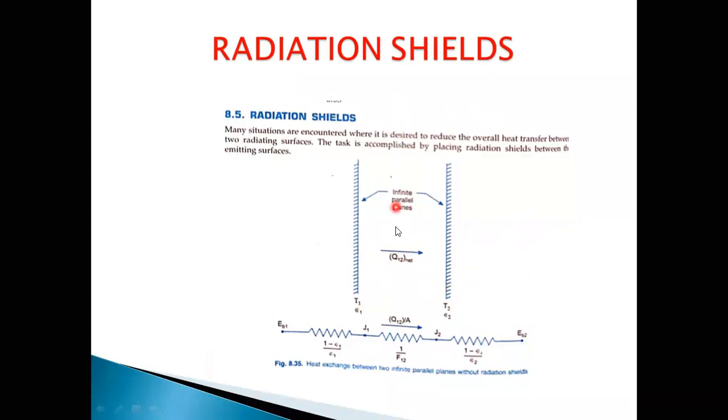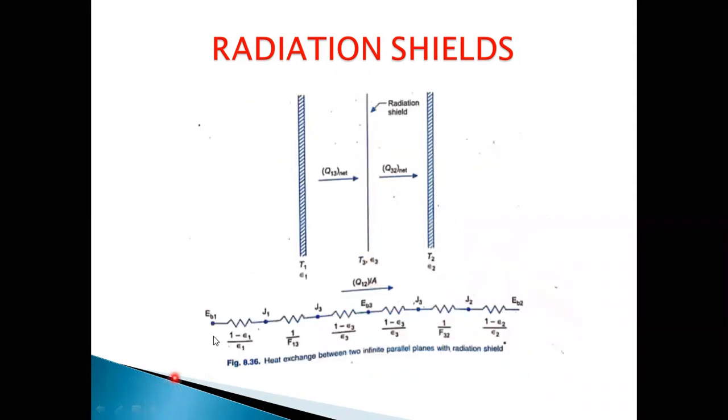Now I want to reduce the heat transfer between these two. The alternative is that I can add one more sheet, which is called a radiation shield. So it will be like this. Now see, this is exactly what will happen.